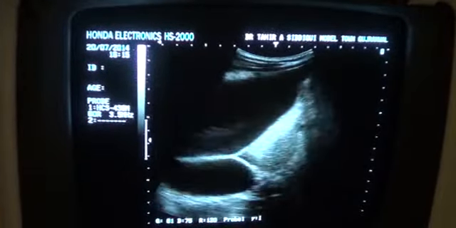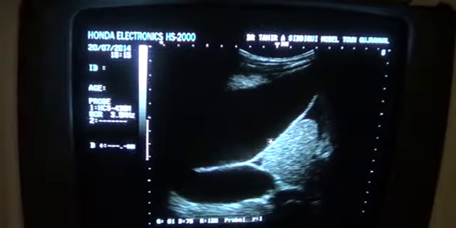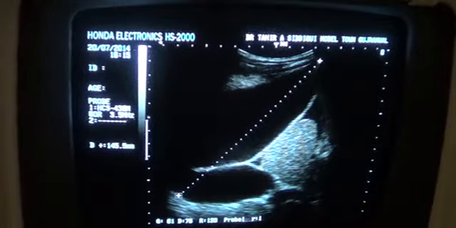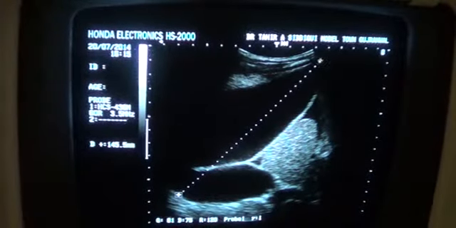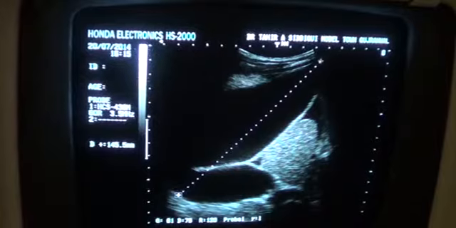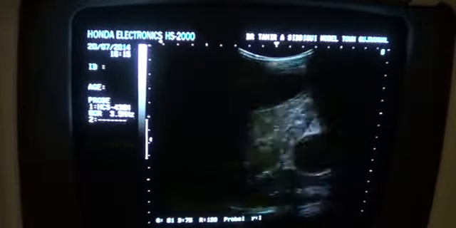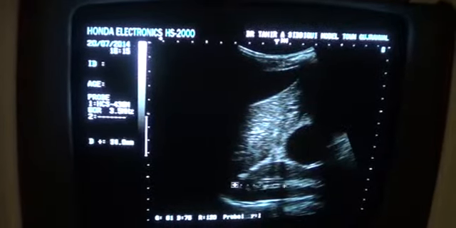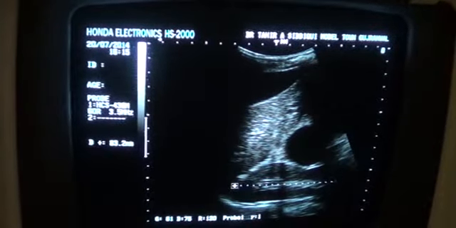Now you see, if I measure the gallbladder in longitudinal section, it measures 14.5 centimeters, and the kidney measures approximately 8.3 centimeters.